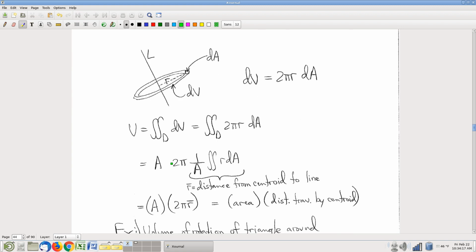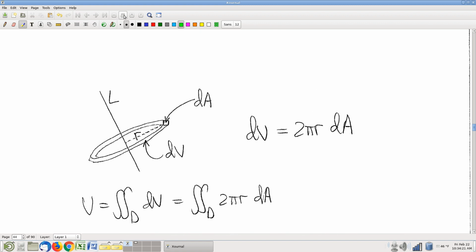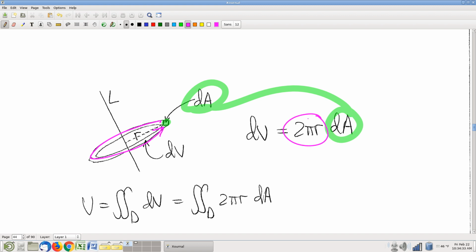So here's how we write that down. This is a nice application of a double integral. This little piece of area, dA, you multiply it by the distance. I can totally compute that distance. It's 2 pi r, where r is, that right there is r.